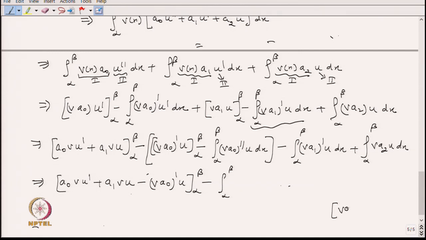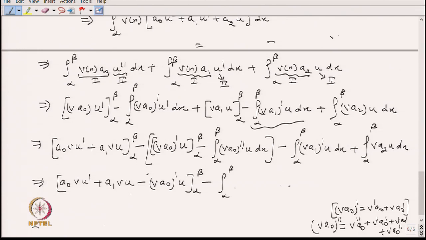If you see from here, I just write that v A naught dash will be v dash A naught plus v A naught dash. If I take two derivatives of this one, v A naught double dash will be v double dash A naught plus v dash A naught dash plus v dash A naught dash plus v A naught double dash.